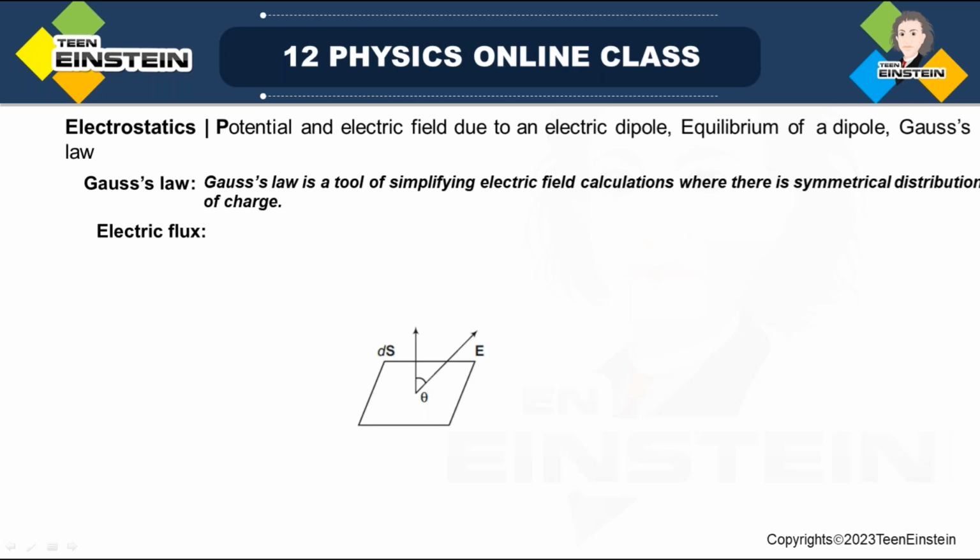Now look mathematically at how we can express that. Flux is generally denoted by phi, so electric flux is equal to E times A, where E is the electric field and A is the area.